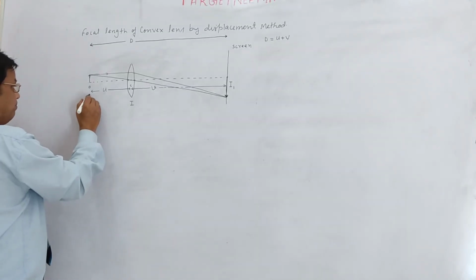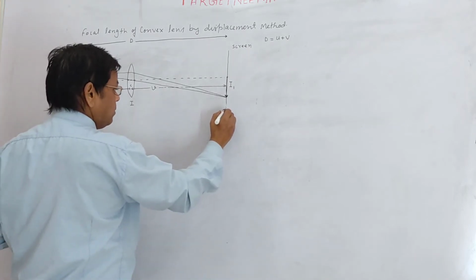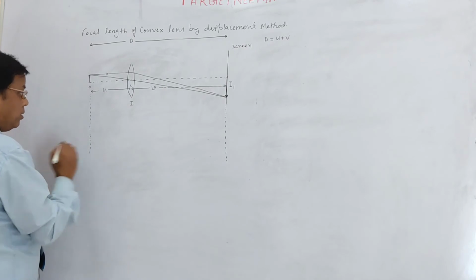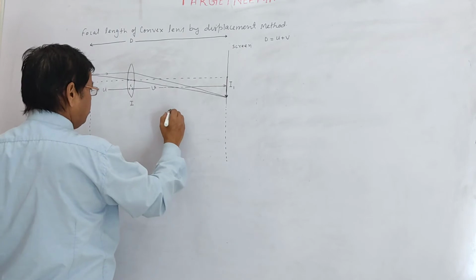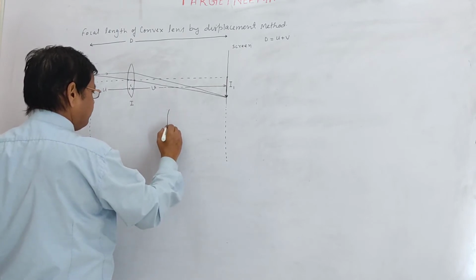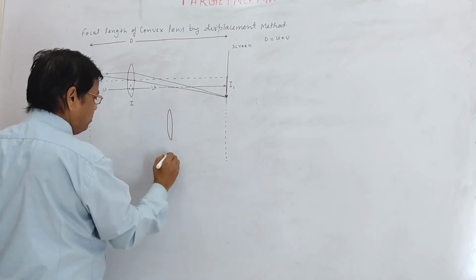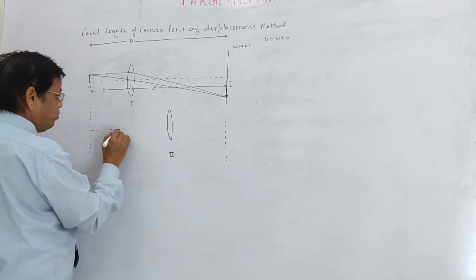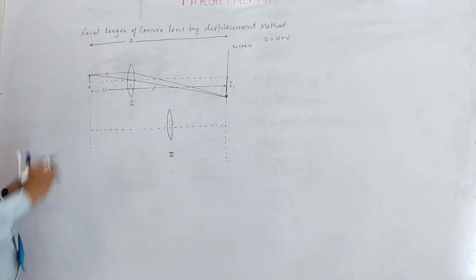Suppose I change the position of lens from here to somewhere here. Suppose I put the lens here. I move the lens to the second position without changing the position of object and screen. Screen and object are at their original positions.